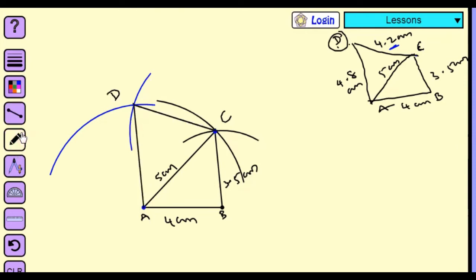Now label it with CD 4.2 centimeters and AD 4.8 centimeters.